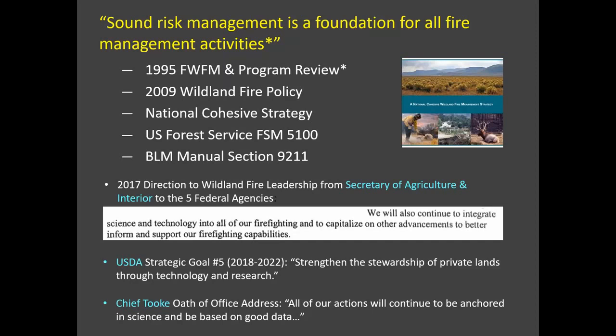And then with our new secretary, we have those strategic goals that came out in this. If you saw some of those videos, the strategic goal number 5 was strengthen the stewardship of private lands through technology and research. And then in Chief Tooke's oath of office address, he said all our actions will continue to be anchored in science and be based on good data.